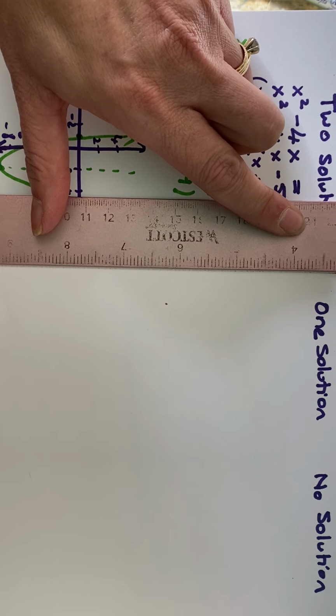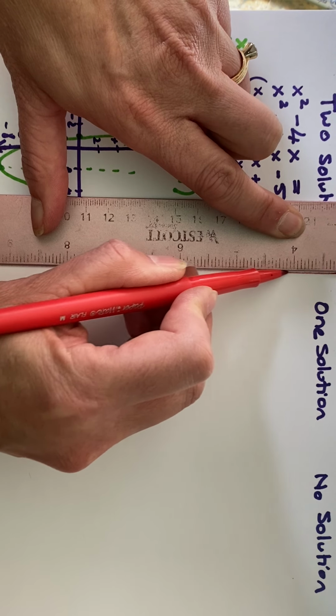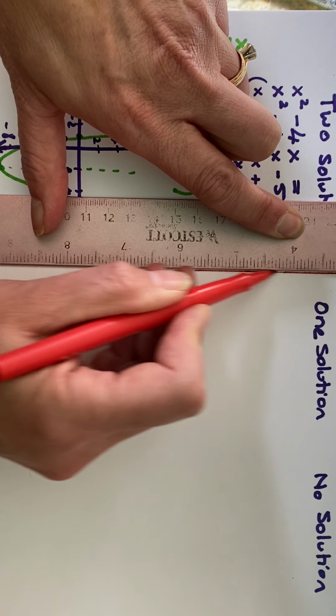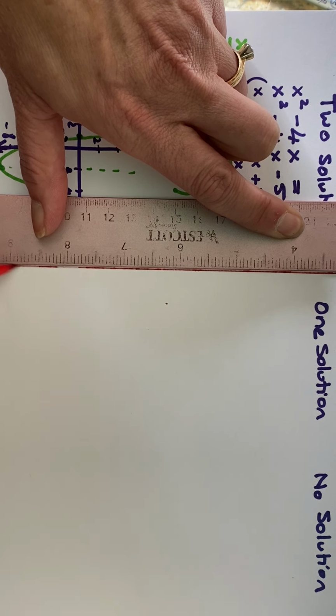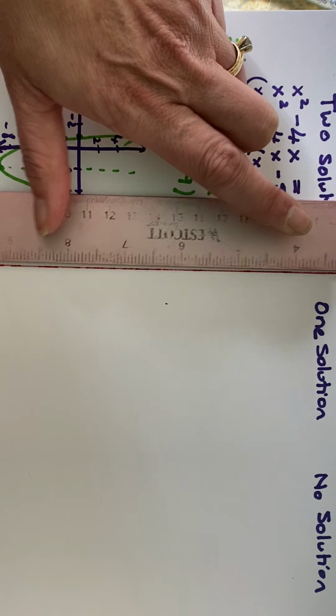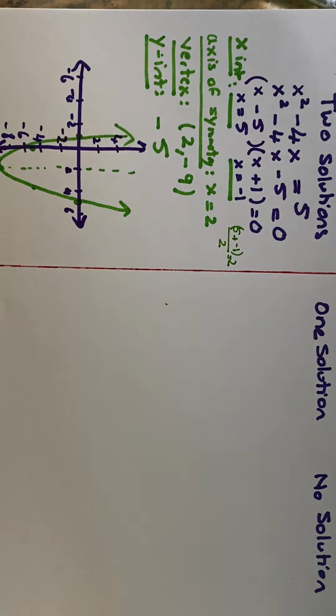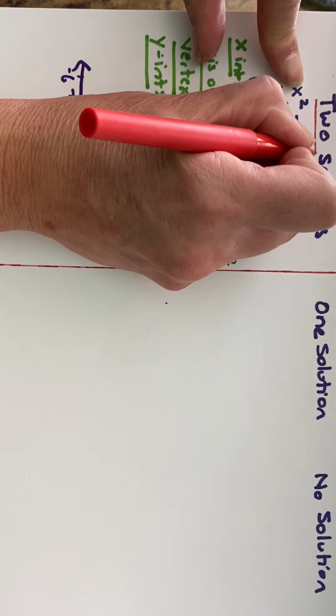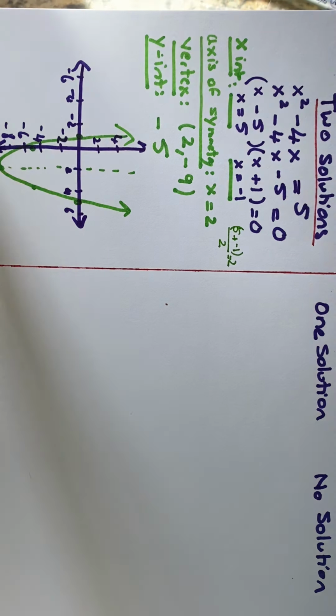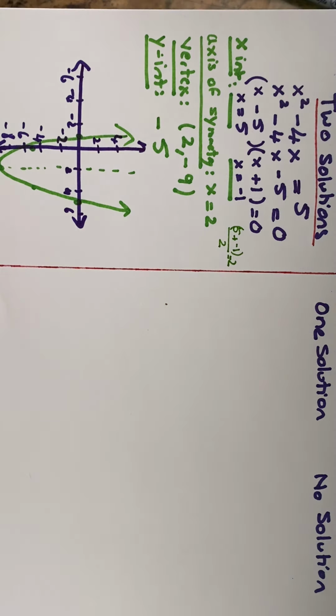Try that again. Okay, so that was two solutions. What does one solution look like?